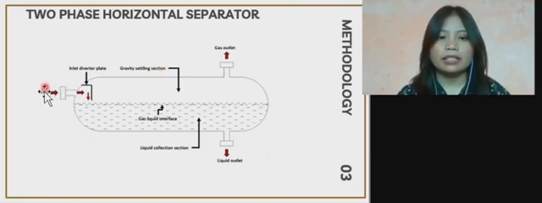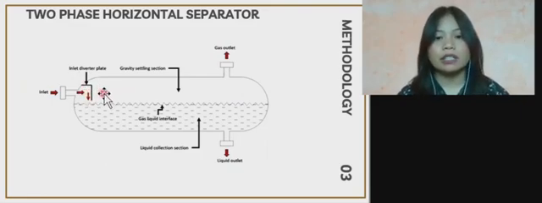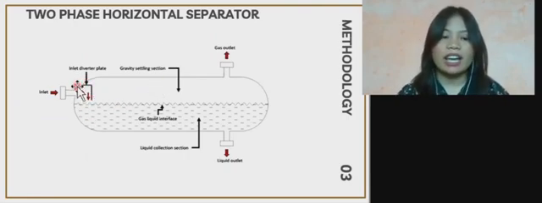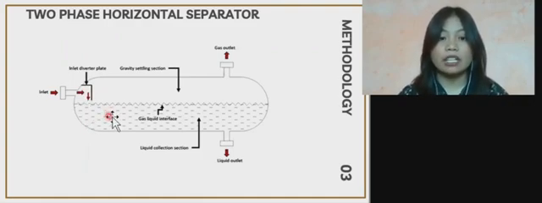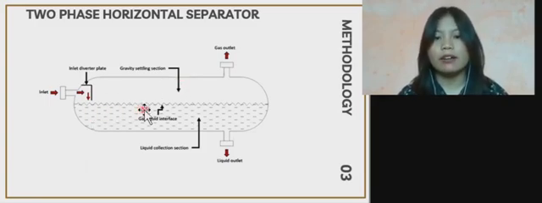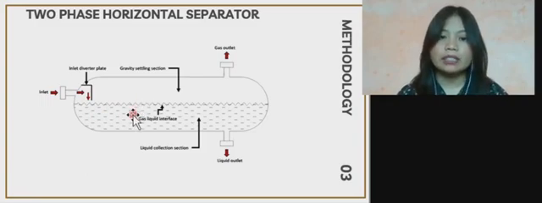Here is the inlet, where the liquid enters the separator and hits the inlet diverter plate, and once it hits the inlet diverter plate, the fluid changes in velocity and direction. Here is where usually the separation process occurs. Next, gravity causes the heavier liquid droplets to fall out of the gas stream to the bottom of the vessel, where the liquid is collected.